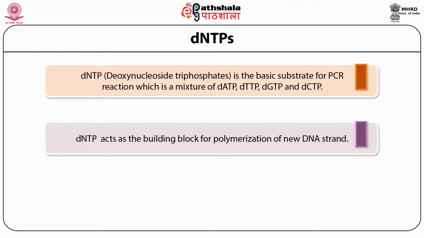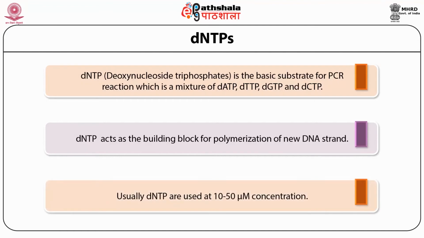Lower amounts of dNTPs may reduce the rate of reaction. Thus, an optimum concentration of dNTPs is required for PCR. Usually, dNTPs are used at 10 to 50 micromolar concentrations. If we need to amplify a large size of DNA, a higher concentration of dNTPs is required.